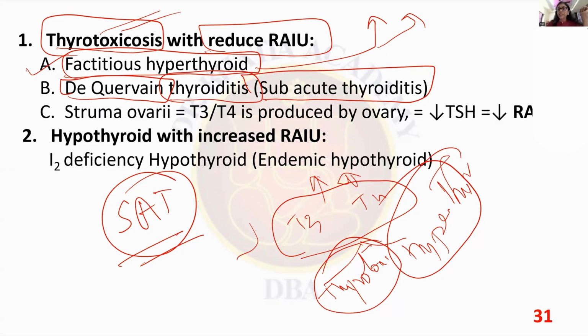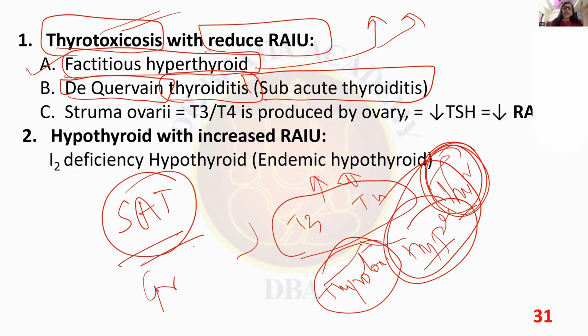So as the word explains, hyperthyroid matlab the gland itself is hyper functioning. So conditions like Graves, conditions like toxic MNG, or conditions like toxic single solitary nodule, they are hyperthyroid conditions because the gland thyroid is producing more hormones.